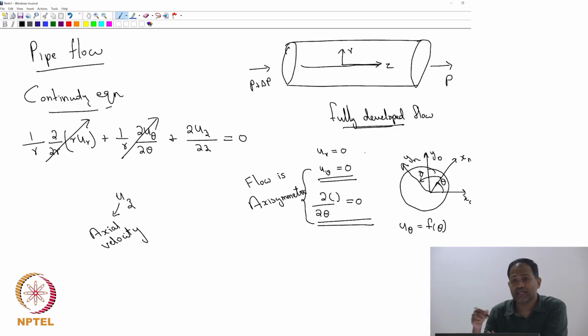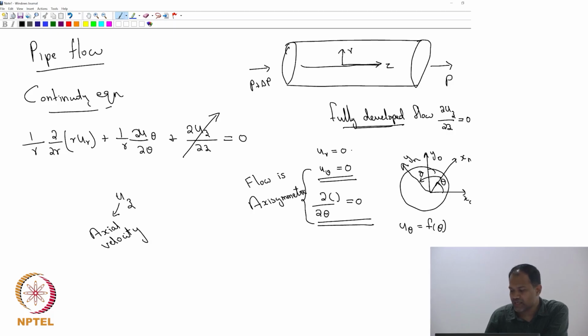Now, on the other hand, if you wanted to start by saying that I have fully developed flow, so dou u z by dou z is equal to 0, then suppose you started with the continuity equation and said dou uz by dou z is equal to 0. So this I am going to put to 0.